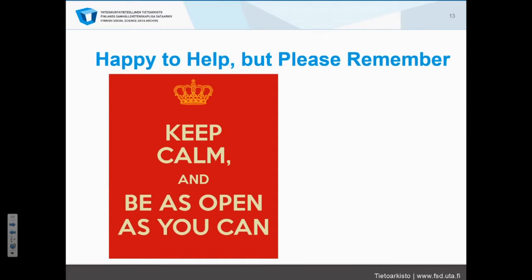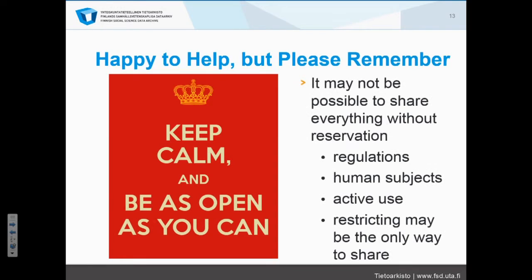So please open, but be as open as you can, because it might be that it's not possible to open without a reservation. There are regulations and laws you need to worry about, definitely when you talk about human subjects.